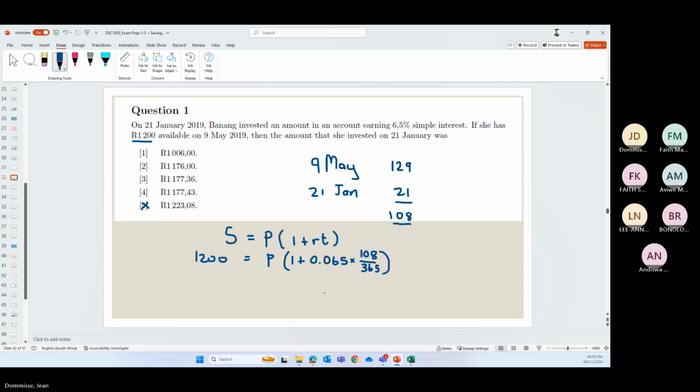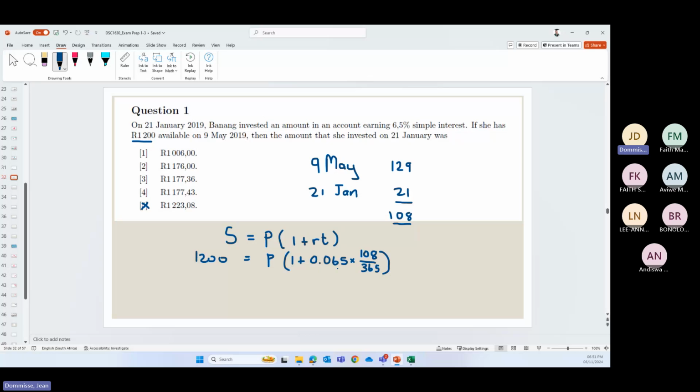So again, my calculator is not great, so I first need to say 108 divided by 365. I think the Sharps and the Casio, you can put that into a fraction. Mine can't, so I get 0.2959.